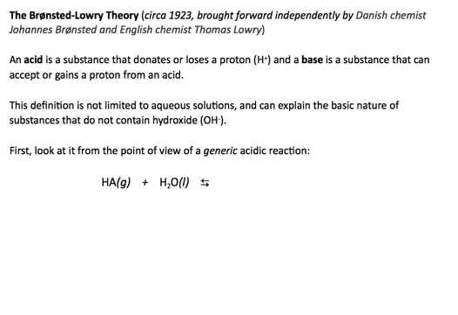And so that was the Bronsted-Lowry theory. This came about at the same time. Two chemists put together this notion. They happened to be named Bronsted and Lowry, hence the Bronsted-Lowry theory. And so their definition is a little different. An acid is defined as a substance that donates or loses a proton, an H+. A base, on the other hand, is a proton acceptor, or it gains a proton, and it gains that proton from the acid.